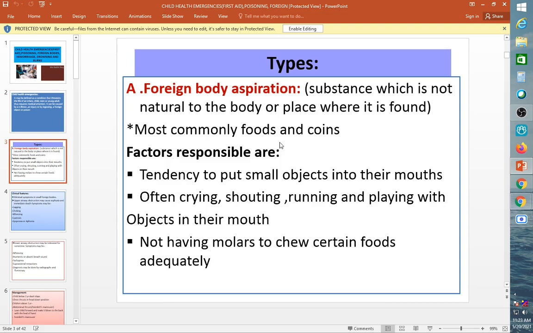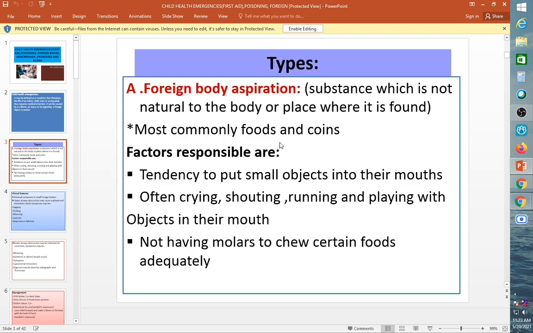So the types are, you see, the first type of emergency is foreign body aspiration. A foreign body is something which is not natural to the body, something from outside; a substance which is not natural to the body or to the place where it is found. Small children put peas and nuts inside their nose, ears, what not, no?